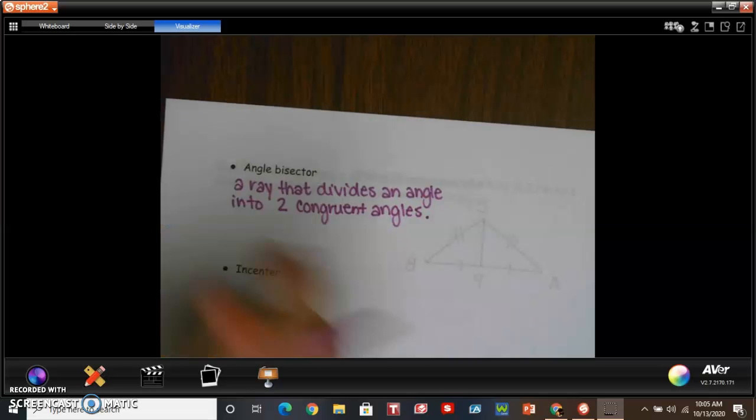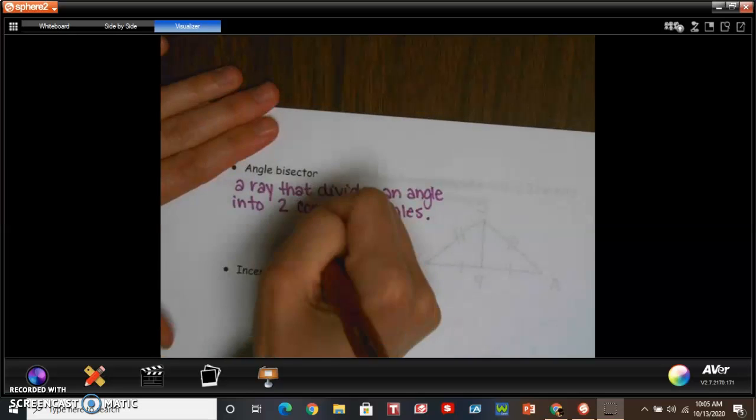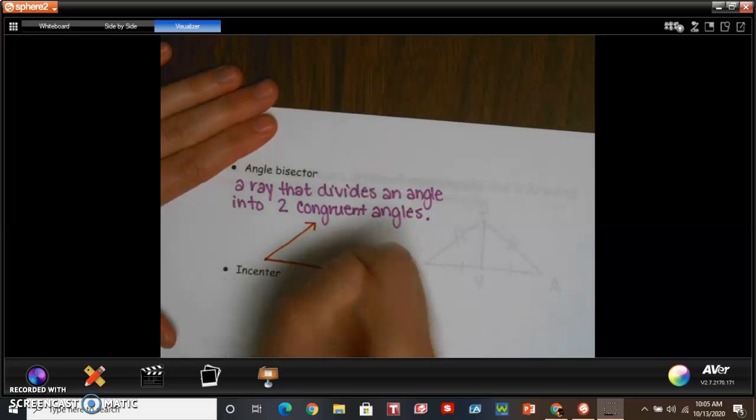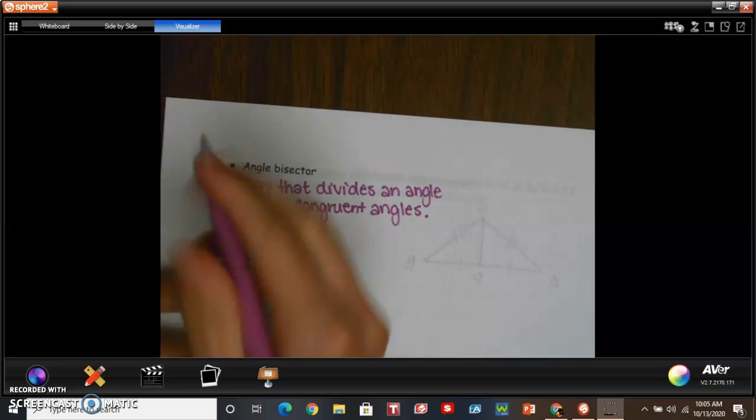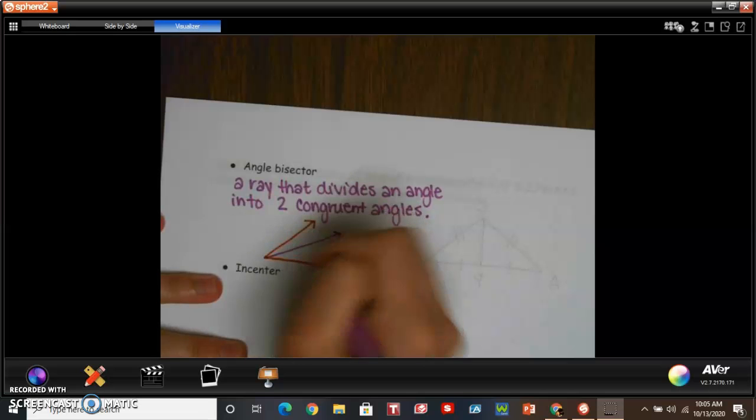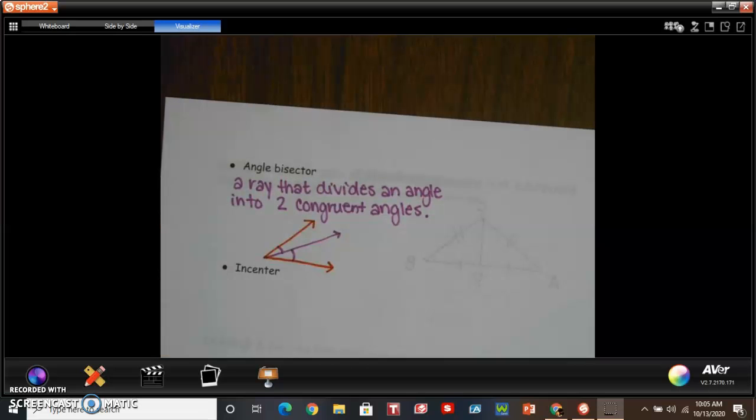Sorry about the bells, guys. I can't stop them. So you have an angle, and then you have this ray that divides it into two congruent angles.